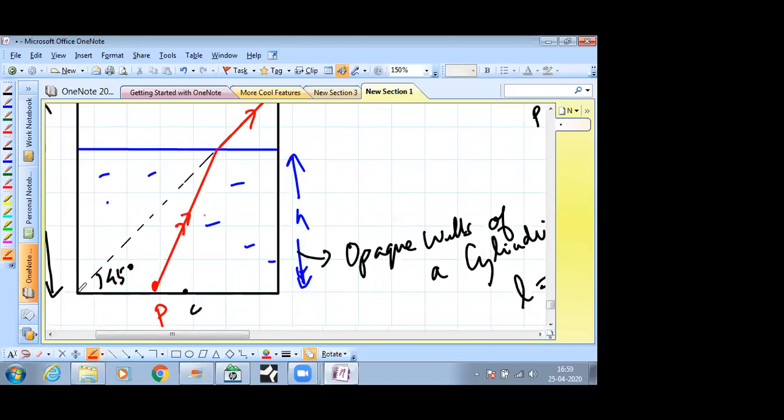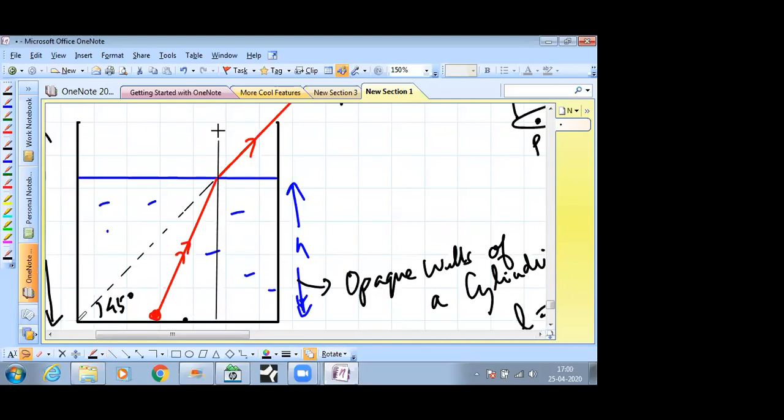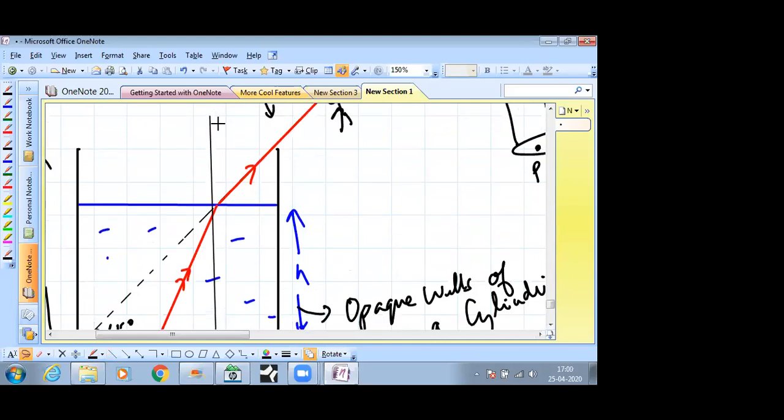Okay. So this is how the bending should happen. And this is nothing to do with where the center of it is. That's just for the distance. We'll come to that later. So now if I drop a normal over here, at the point of incidence, this is my normal.